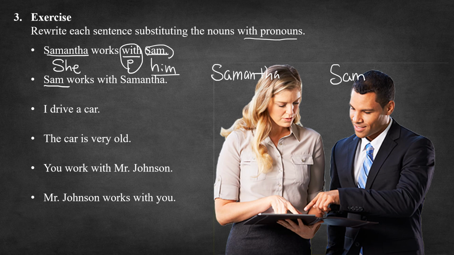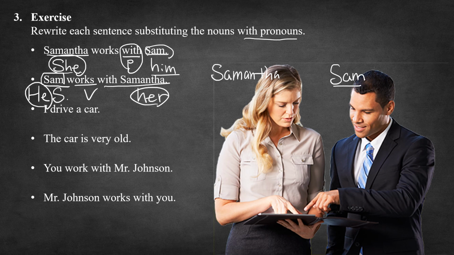Anyway, Sam, he is Sam. Same subject here, verb, and this is complement. So since this is subjective case, we use he for Sam, she for Samantha. So Samantha is she here, but her here.